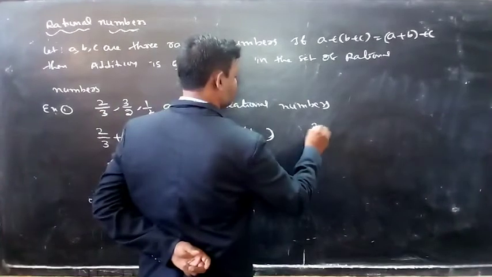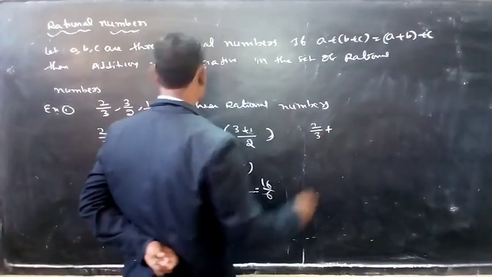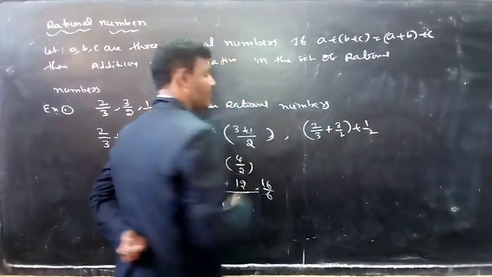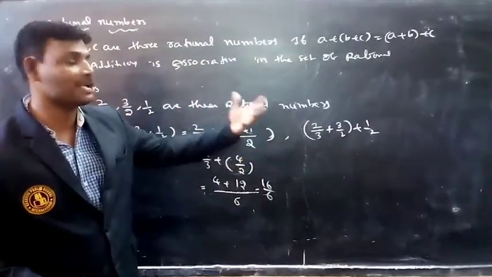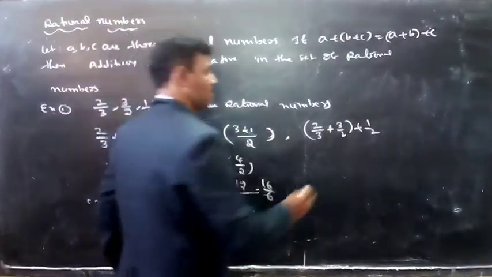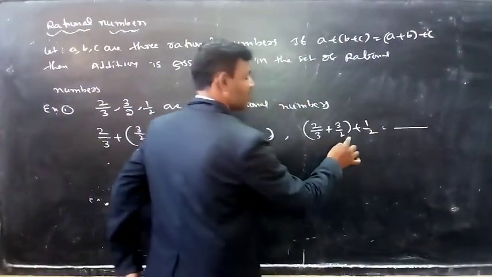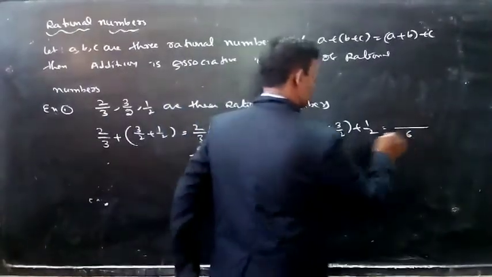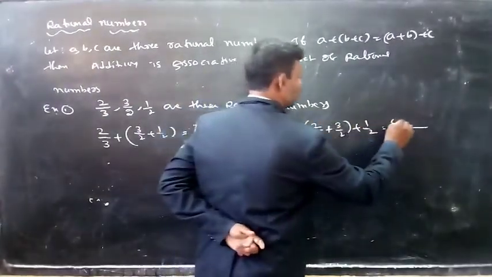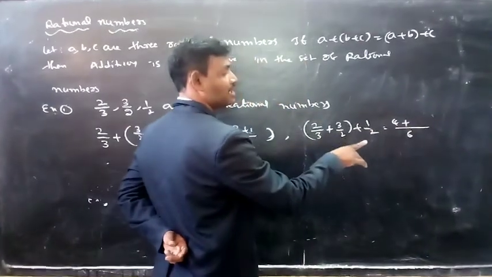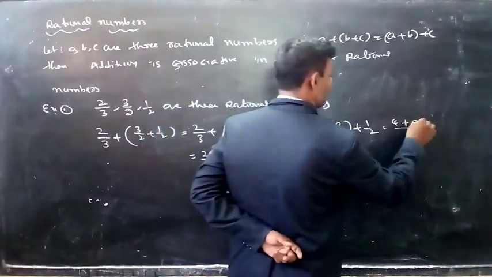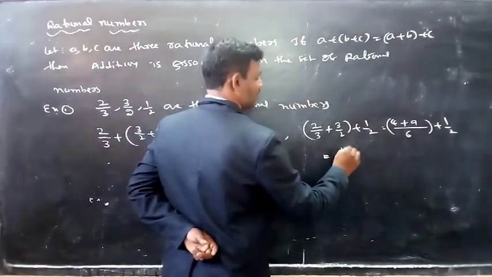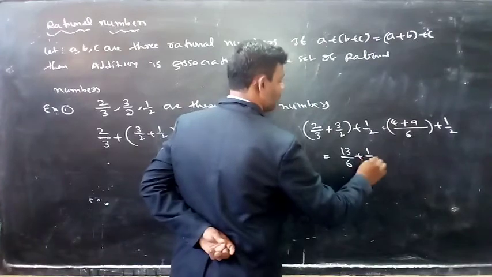Now I need the result of 2/3 + (3/2 + 1/2). Here these two are not like fractions, so the LCM is 6. 3 twos are 6, going 2 times. 2 twos are 4. 2 threes are 6, going 3 times. 3 threes are 9, plus 1/2 is equal to 13/6 plus 1/2.